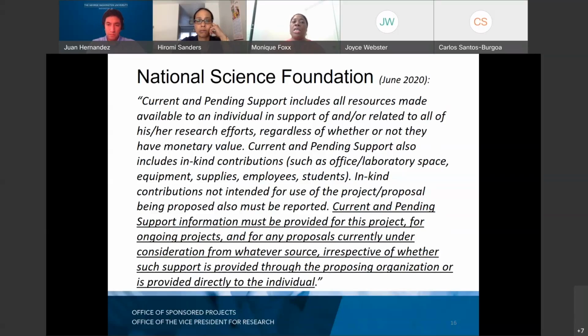To be brief, the two formats that are acceptable, required for NSF current and pending support are using Science CV, of course. The other is what they call a PDF fillable form. I have found we do have a combination of usage from both Science CV as well as the PDF fillable format.